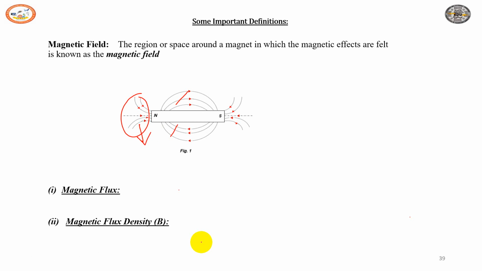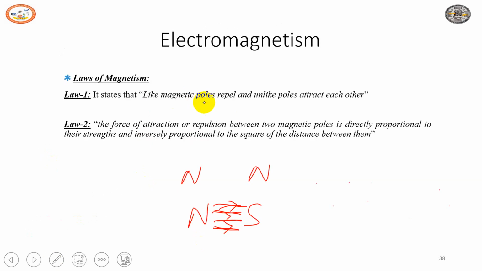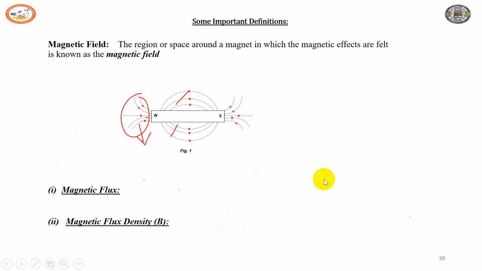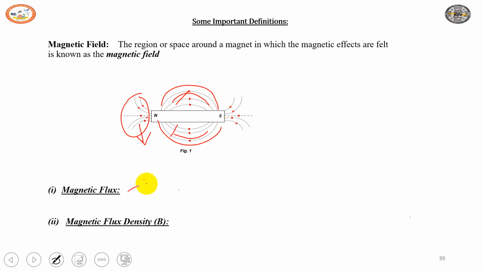If you look at this picture, these are the field lines passing through this surface. We call that the magnetic flux. The symbol for magnetic flux is phi.